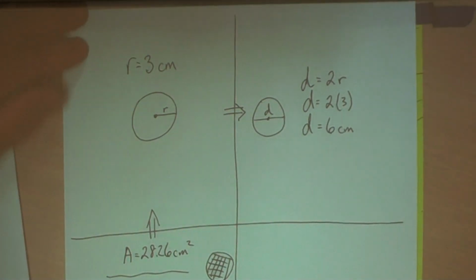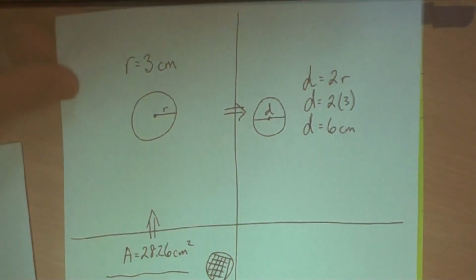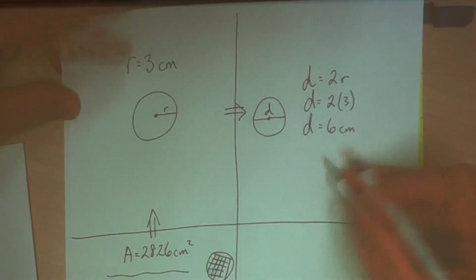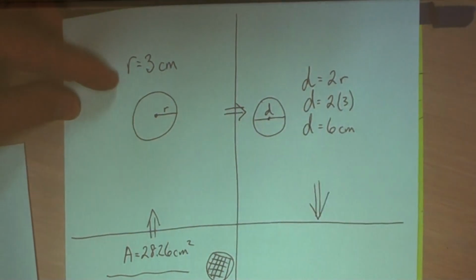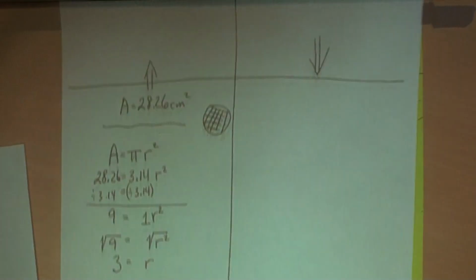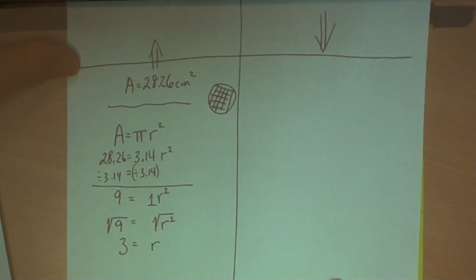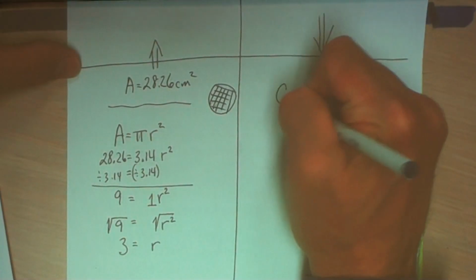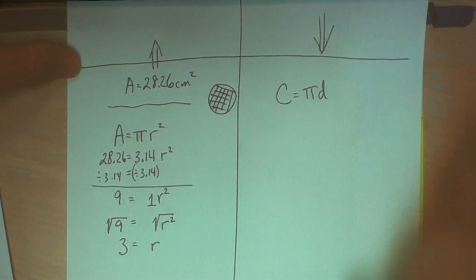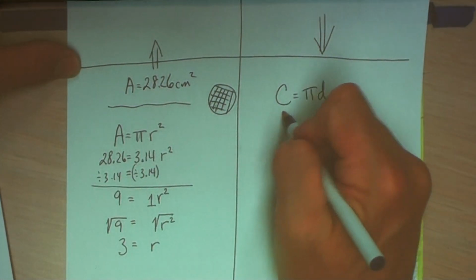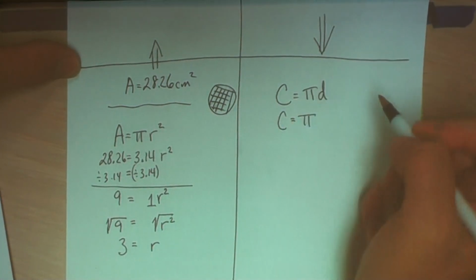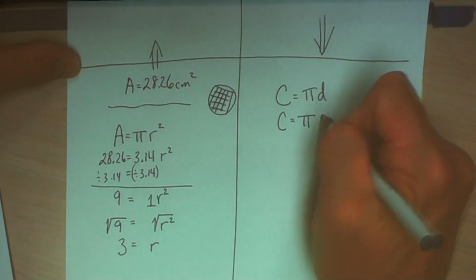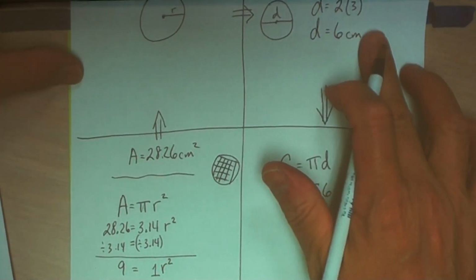Once that information has been found, you know that the next step is to relate the diameter to the circumference with the known formula that the circumference is pi times d, and the circumference is pi then times 6 centimeters, which was my value of the diameter.